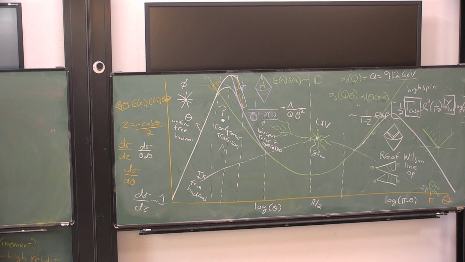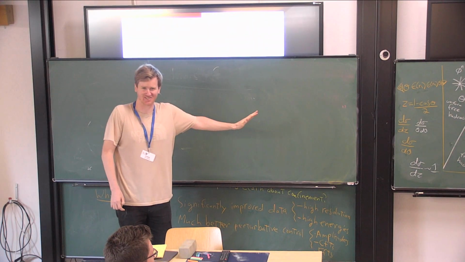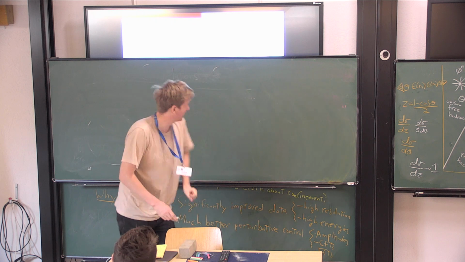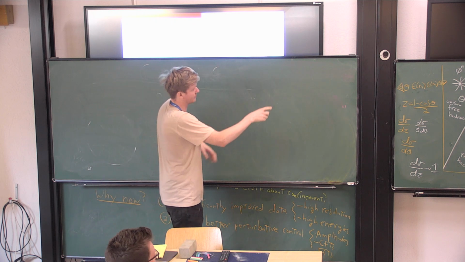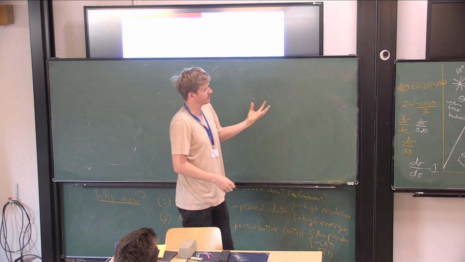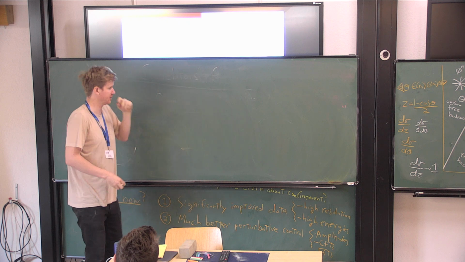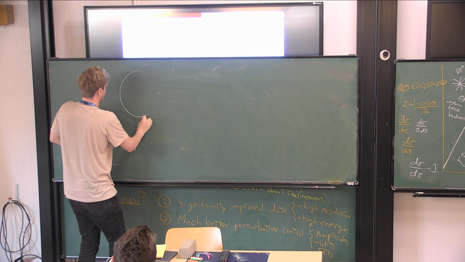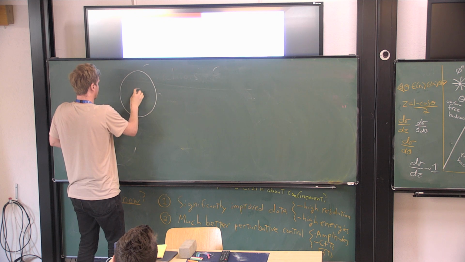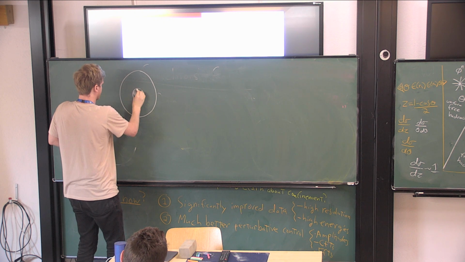I don't have quite as detailed a picture for the quark-gluon plasma, but this is where the picture of whether you're near the boundary or near the bulk makes a big difference. Again, this is very schematic.